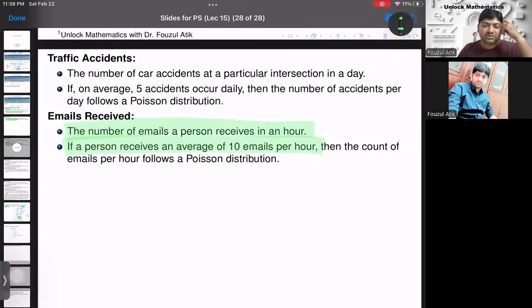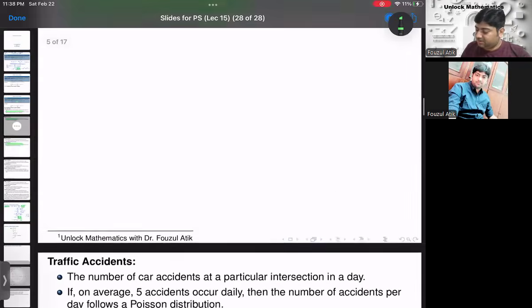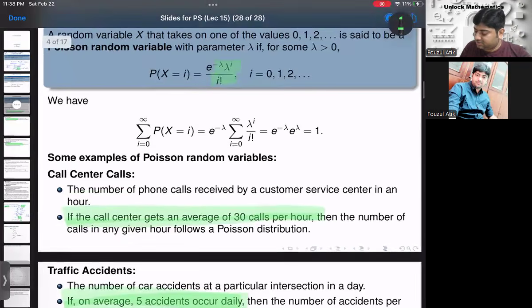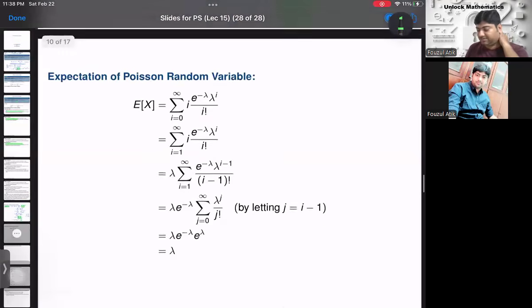Because we know that in the Poisson random variable this lambda is actually its average value. Therefore, if you know the average, then for a particular time period we can calculate how many phone calls, accidents or emails there will be. Correct? So we have already calculated the expected value.